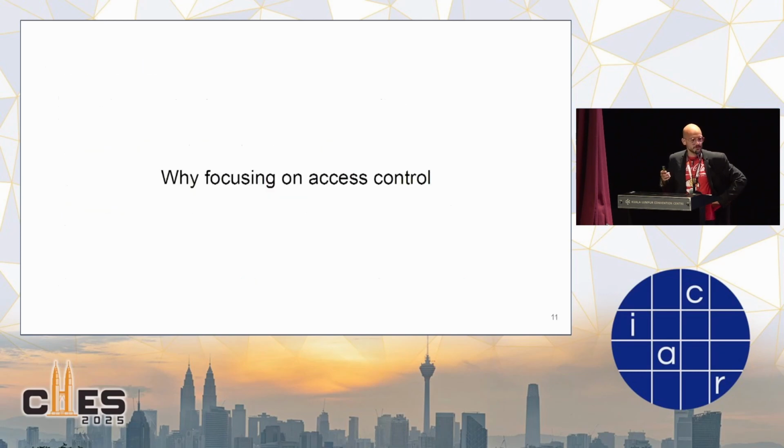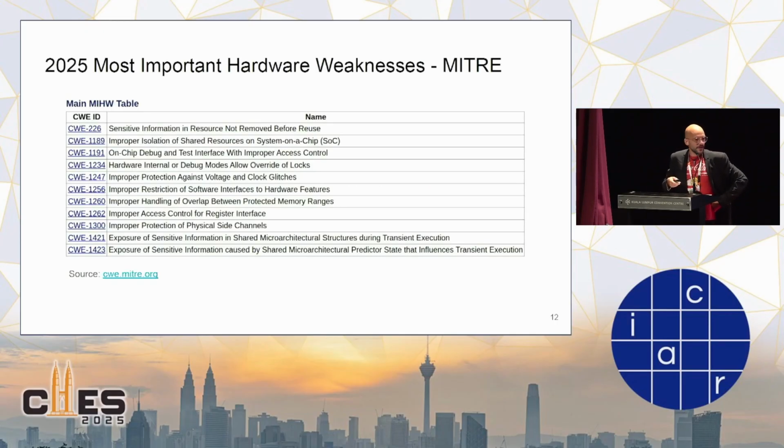So I mentioned before, why should we focus on access control? Well, Mitre, every 4 years, at least the latest from Mitre was 2021, and recently there was this 2025 release 2 weeks ago, I think, of the most important hardware vulnerabilities, weaknesses, found in industrial design.